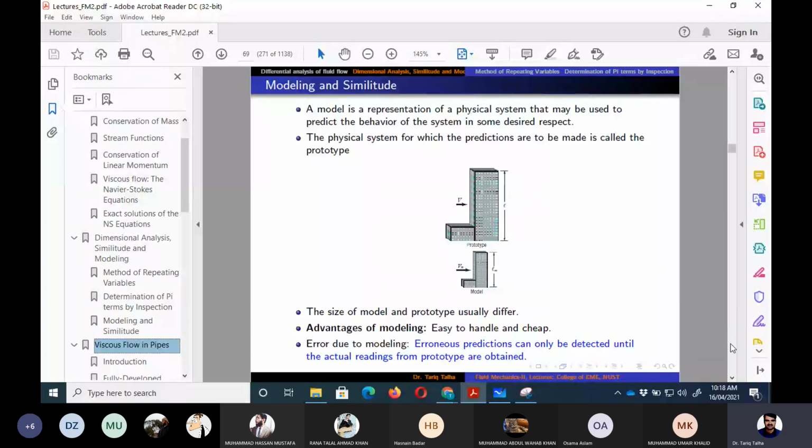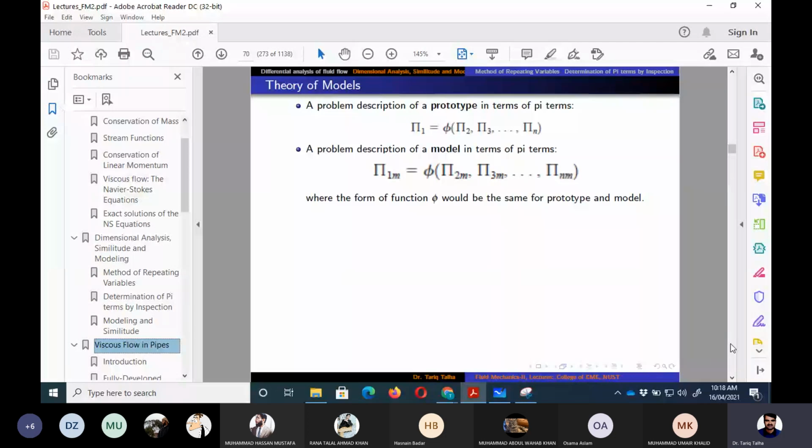For doing that, we write the pi terms for the prototype, which are determined by the dimensional analysis, and then we again write the functional form in terms of pi terms for the model, right?